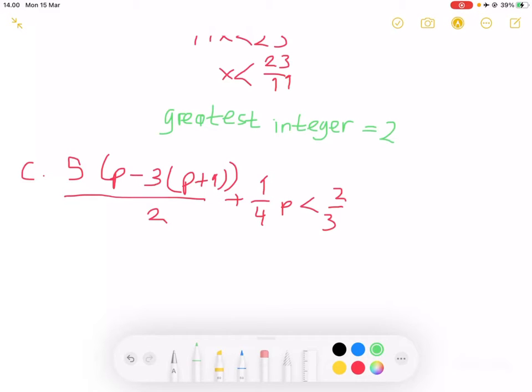We can expand what is inside of this bracket. So you'll get 5 times in brackets p minus 3, p minus 3 over 2, and then just rewrite all the remaining stuff.